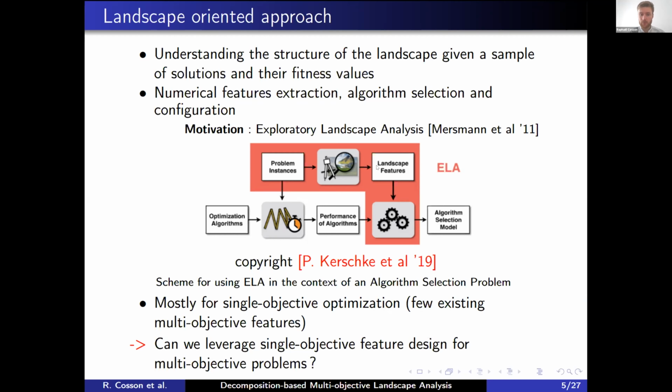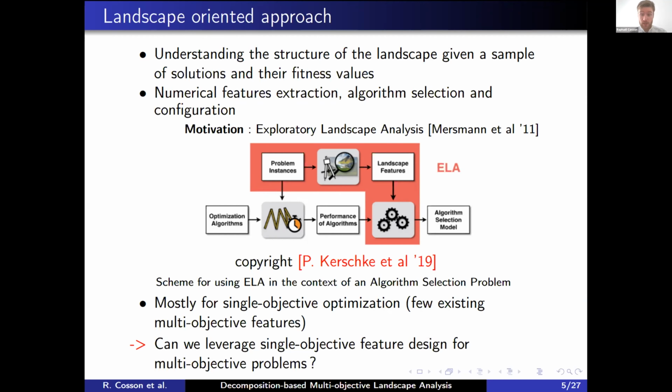In the meantime, we compute landscape features for each problem instance. Then we can try to predict algorithm performances given the features of a problem. The goal is that if a new problem comes up, you can just compute features and then predict which algorithm would be the best performing to solve it.